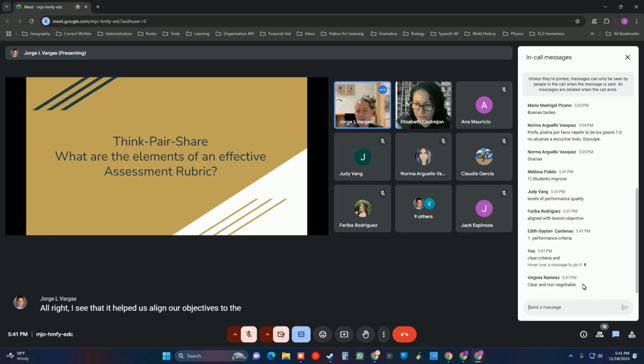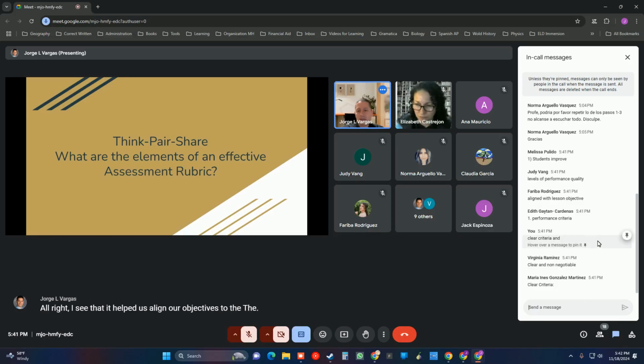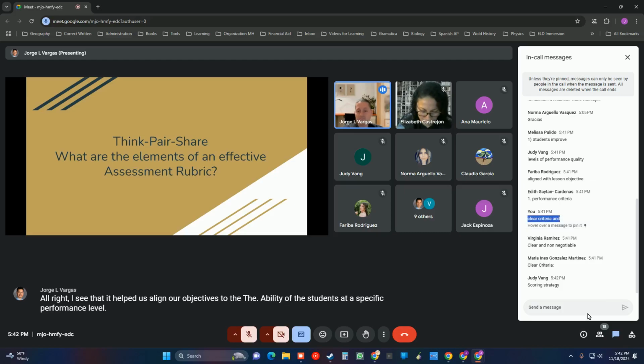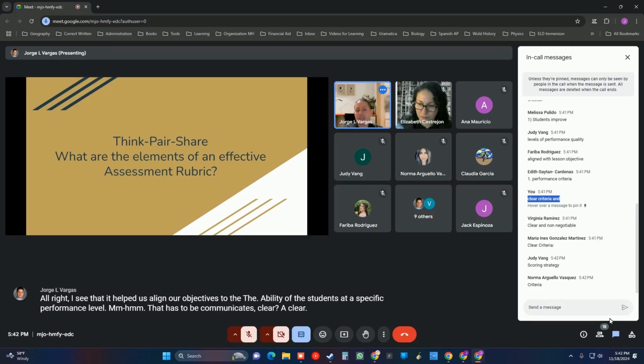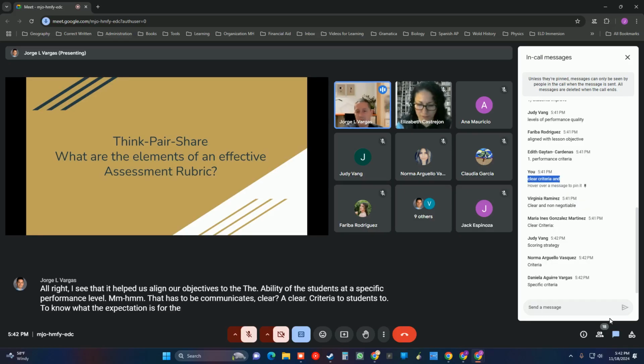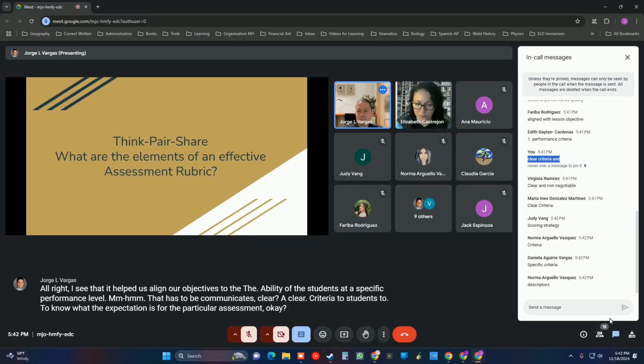It provides students feedback to help them identify their strengths and their weaknesses. Very good. It provides clear criteria. Anything else? It uses simple language. Perfect. Something that the students can understand.